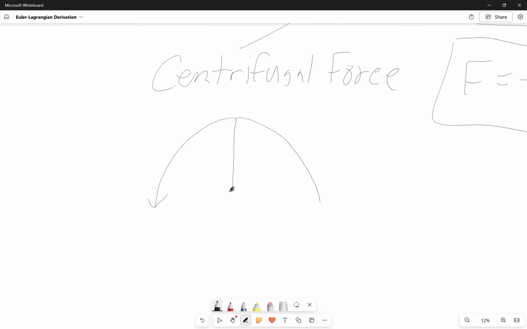Even though we have the origin right here, let's say there's a ball right here, and it's spinning in this direction. Let's say that the moment the ball reaches this vertical level, it snaps, and it's going to follow a tangent. This tangential direction will have it follow a straight line.